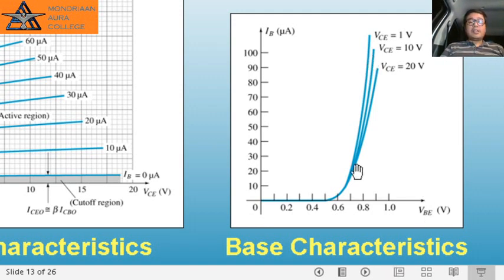So, in this case, kapag na-reach na niya yung around 0.7, of course if it is silicon, ang output voltage daw natin ay 10 volts. Pero what if ang ating input voltage is medyo mas mataas sa 0.7 ng onte? So let's say this is 0.7. Okay?